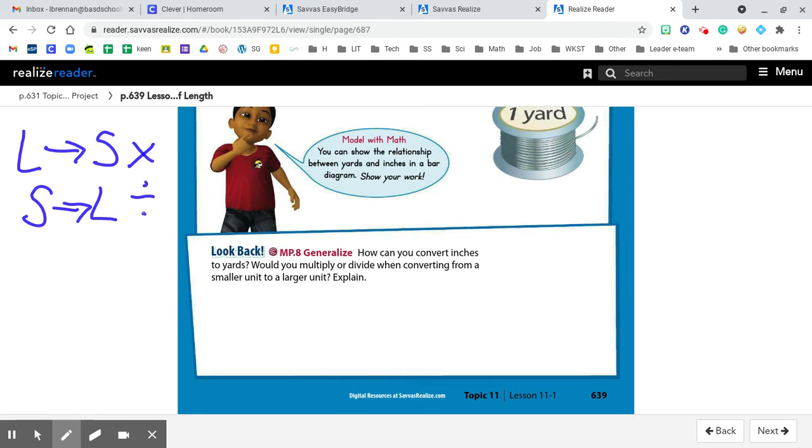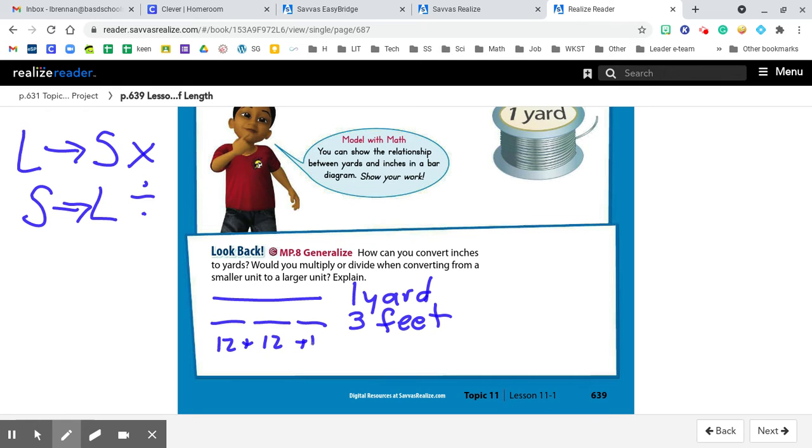So we said we had 1 yard equals 3 feet equals 36 inches. So what we're saying here is if we want to go from larger units like feet, so we could say 3 feet equals how many inches?